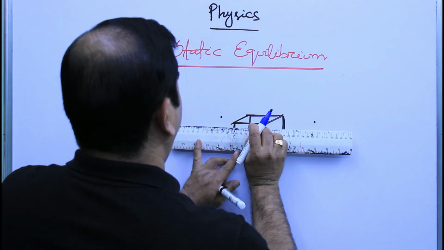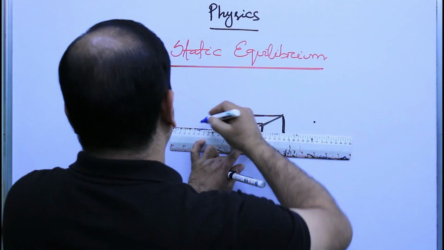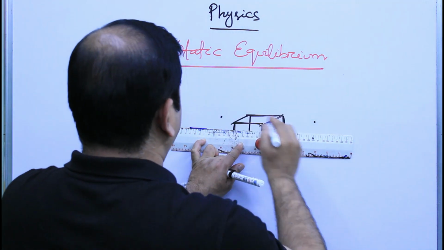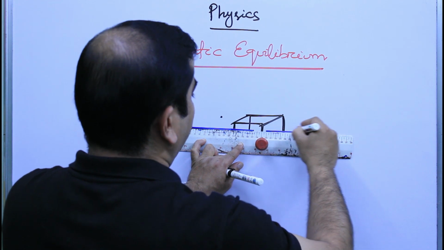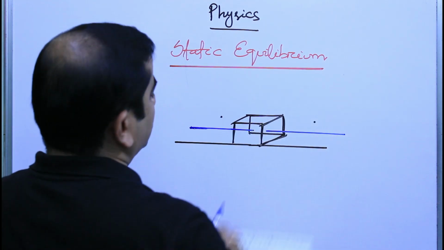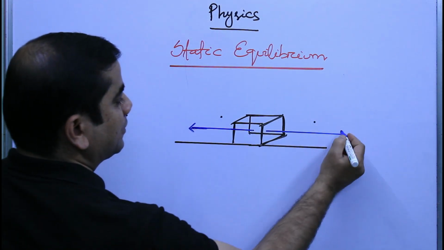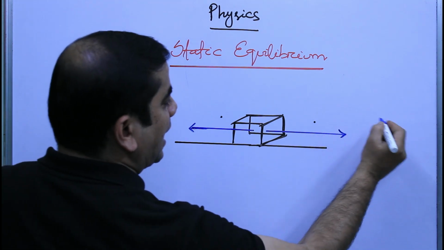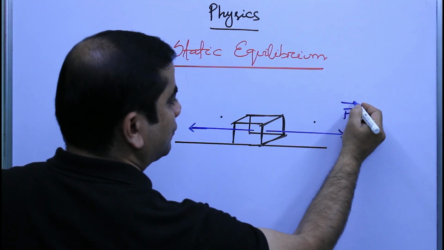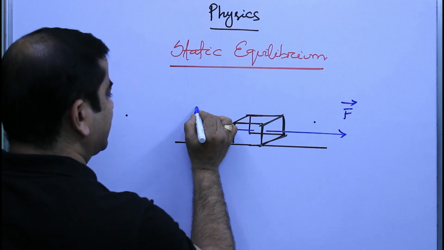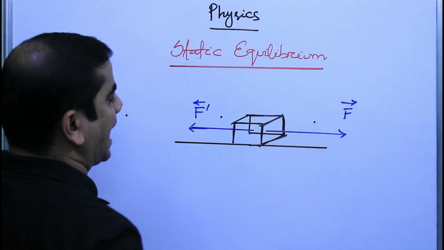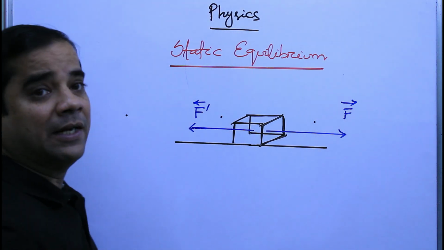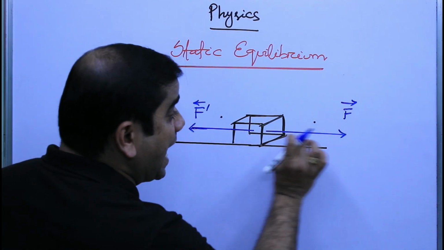Suppose I apply force over here. And it should be in a single line. The line of force should be same. Okay. The line of force should be same. Suppose this is the force F towards right and same magnitude of force F dash is applied towards left and in the same line.